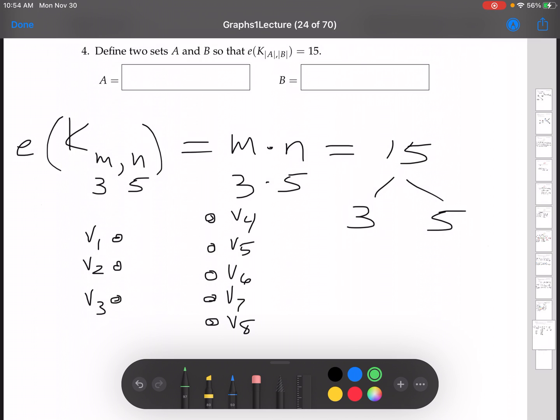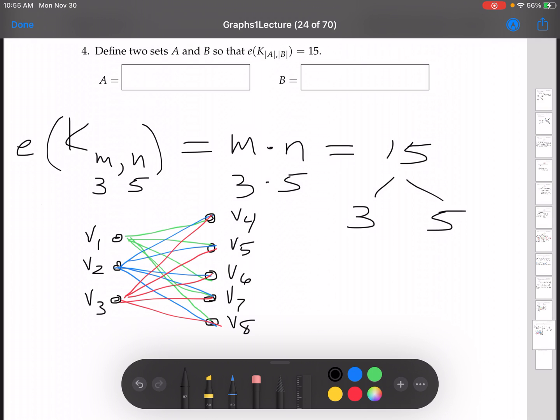And let's see, that would be 1, 2, 3, 4, 5, 1, 2, 3, 4, 5, 1, 2, 3, 4, 5. And notice that in fact we do get 15. There's 5 greens plus 5 blues plus 5 reds. That's 5 plus 5 plus 5, which is 15. So it's 5 connections 3 times, or 15.